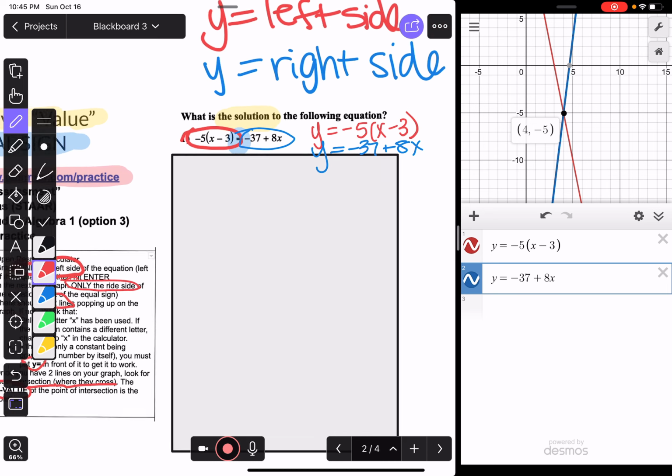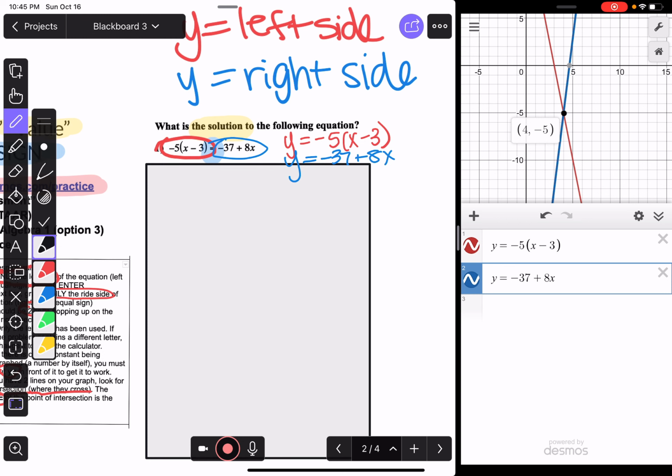So even though it shows us two numbers, 4 and -5, 4 is the x value of that point because points are written as x comma y. So 4 would be my x value and -5 would be my y value. And since we only have one equal sign, we only need the x value, which means the solution to this equation is x equals 4.